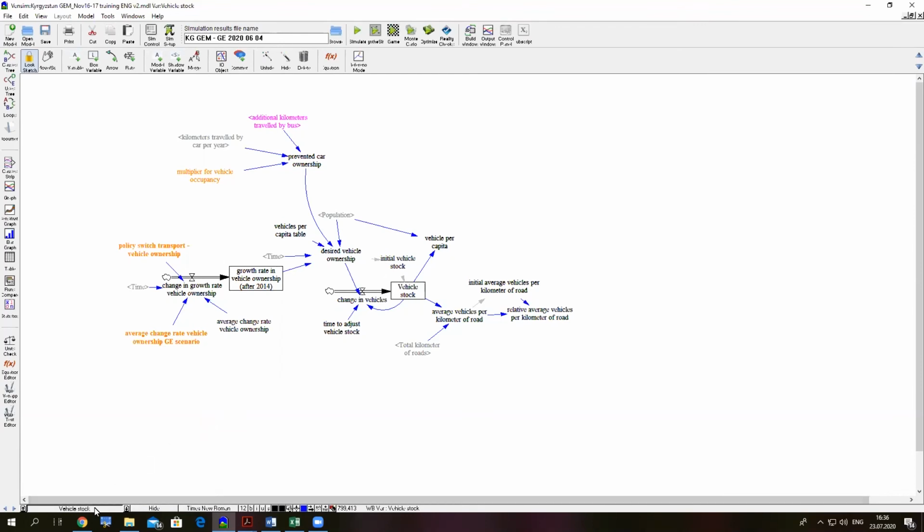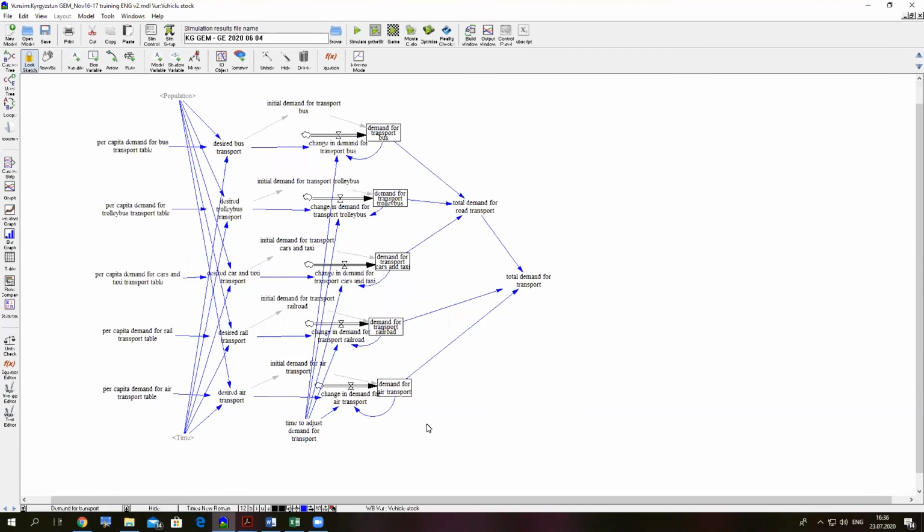So next, it's demand for transport. So here, I think the question about public transport, because you already added bus transport and trolleybus transport. And what if I will add here the transport and split that by bus transport to regional or Bishkek and Osh?